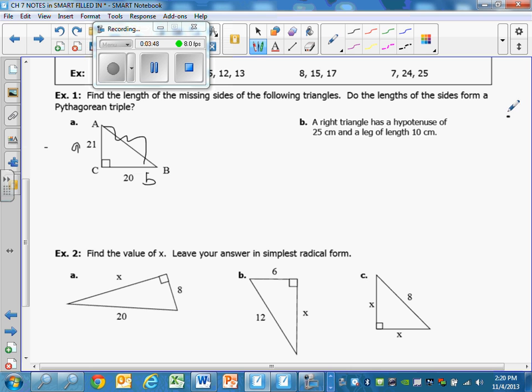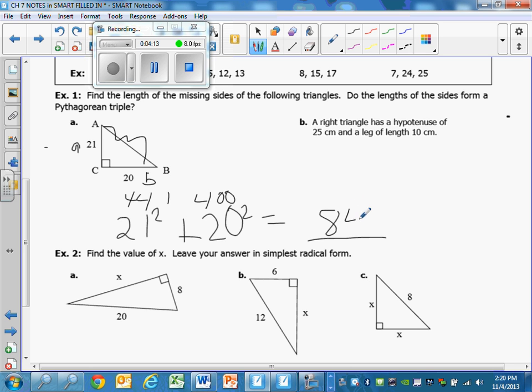So let's find out. I could do 21 squared plus 20 squared equals blank. 21 squared is 441, 20 squared is 400, then I add those two together and I get 841.